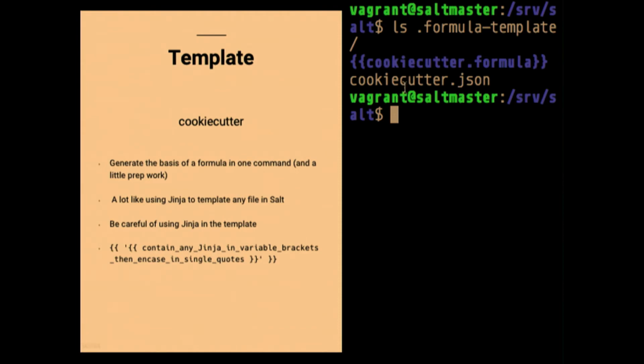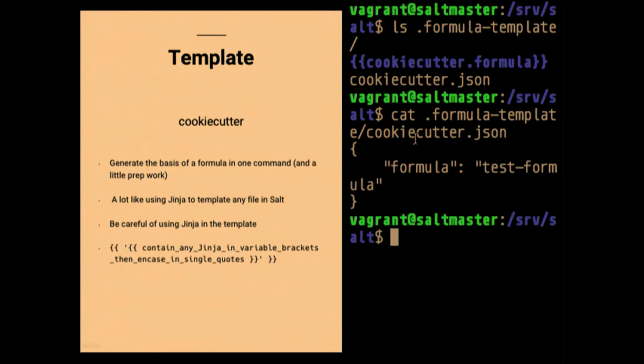And this is all taken from the cookiecutter.json file, which acts kind of similar almost to, say, a map.jinja file. And if we were to look at that, it's just a simple JSON file where you simply specify one of the variables you want and supply a default value. In my case, it's just test formula.